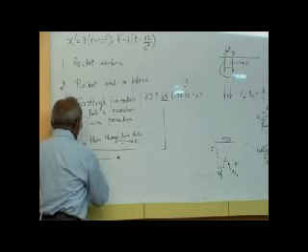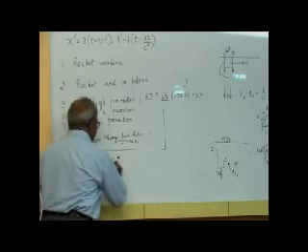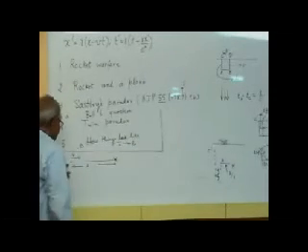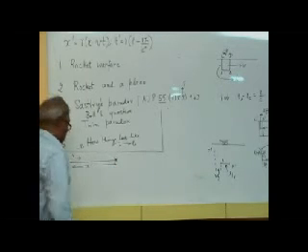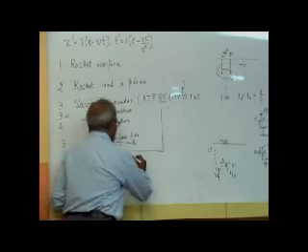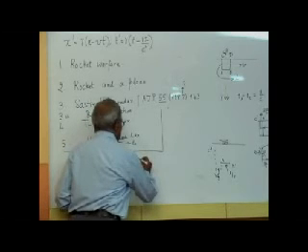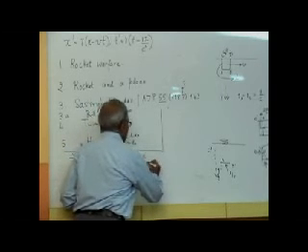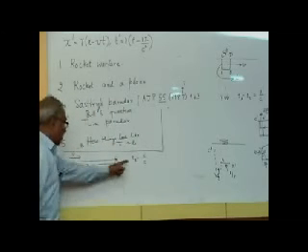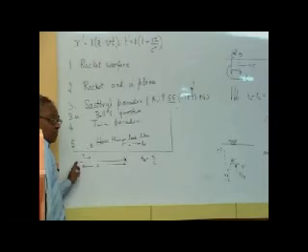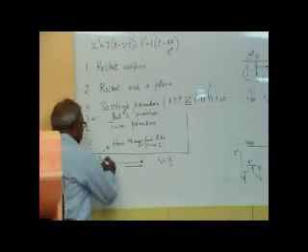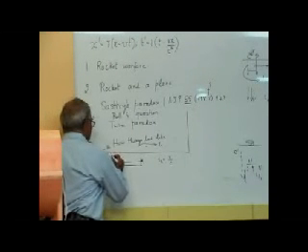Suppose this distance is x to start. At time t equal to 0, a light signal has been sent to you. It reaches you at time t_r, which is x by c. After time dt, this distance it has traveled is v dt.